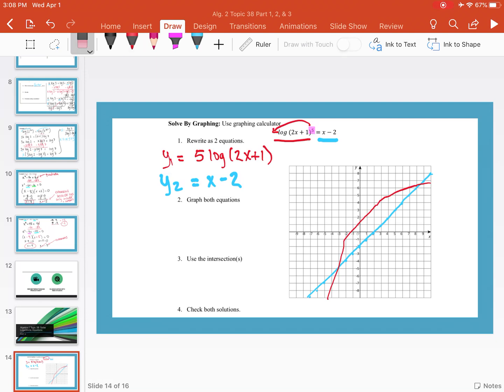Ignore that terrible graph. Actually, let me redo that one part. Okay, just about.